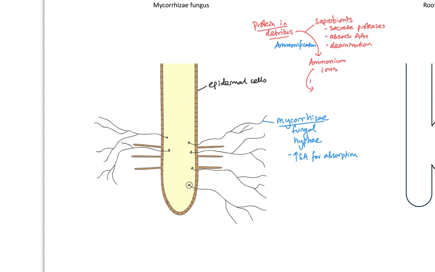So we're going to do some nitrification. So this is nitrifying bacteria, and this is where ammonium ions get converted into nitrite ions. Nitrite ions that then go into nitrate ions.